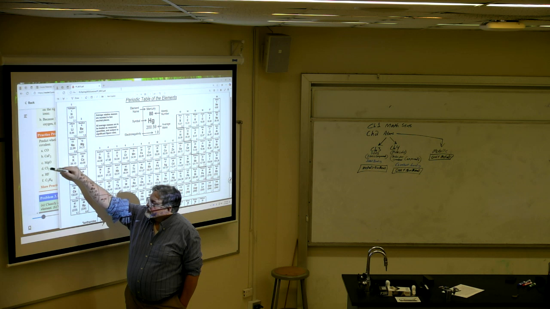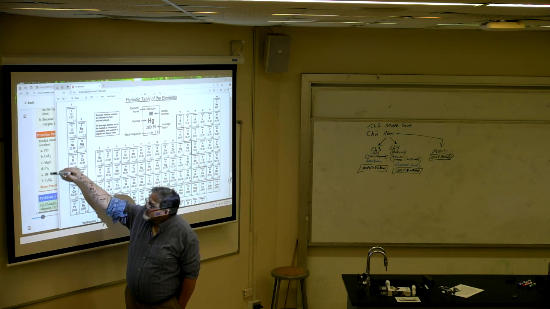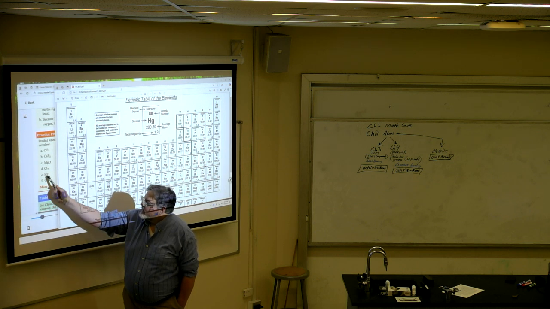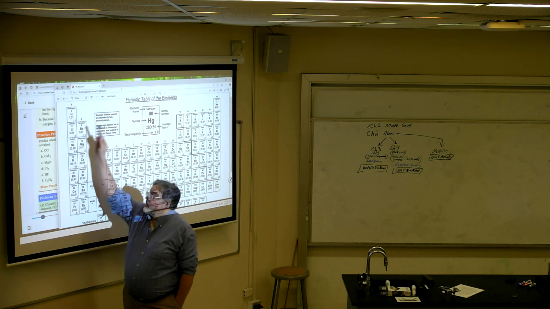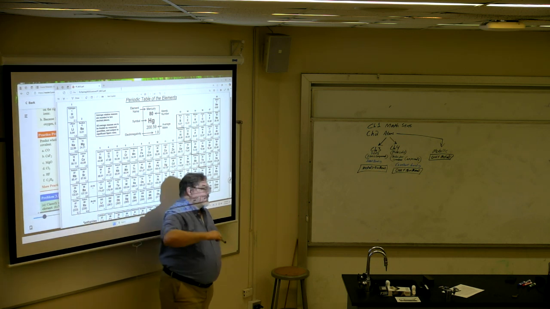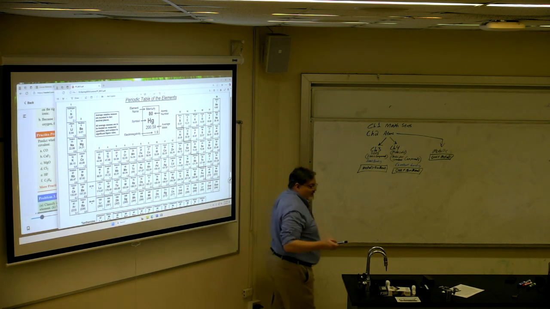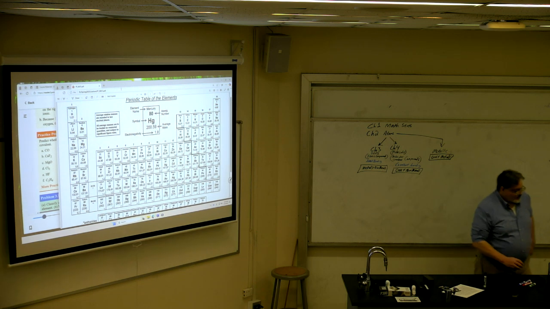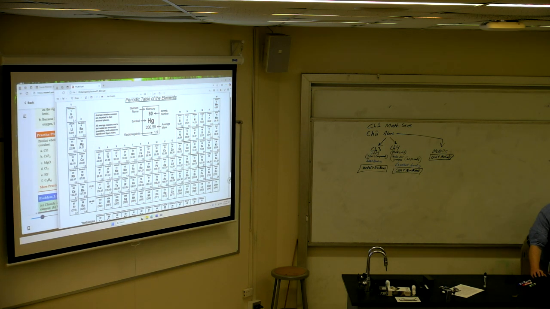Nonmetal, covalent. HF would be ionic? No, that's covalent, because hydrogen really belongs with the nonmetals. So you're looking to see if it's got metals and nonmetals. If it does, it's ionic. And all nonmetals is covalent.